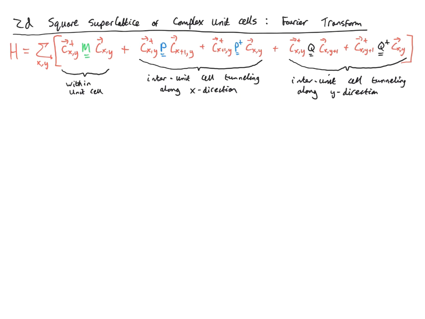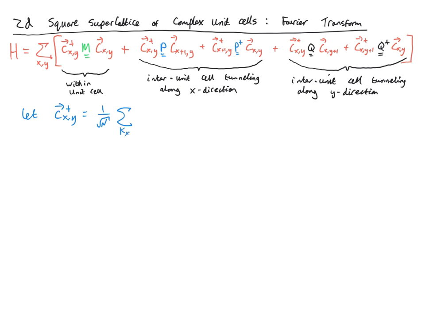How do we do that? We will let the vector of operators cxy be equal to 1 upon square root of n, where n is the number of unit cells in the system, and we can send that off to infinity.